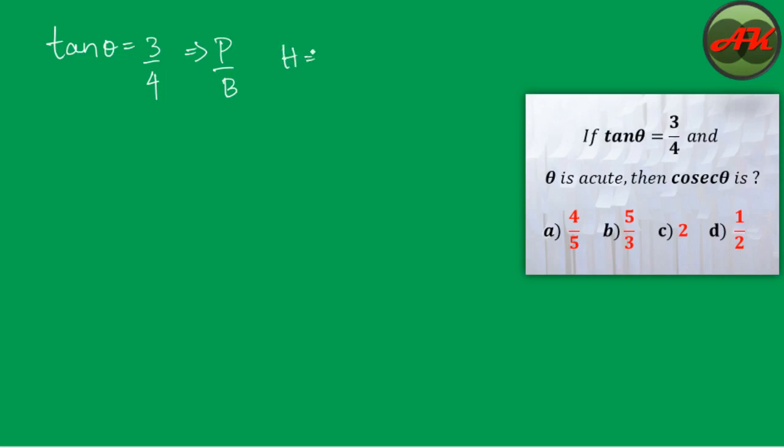So here hypotenuse is 5. So for cosecant theta, the formula is hypotenuse by perpendicular. So here hypotenuse is 5 and perpendicular is 3. So 5 by 3 is the answer.